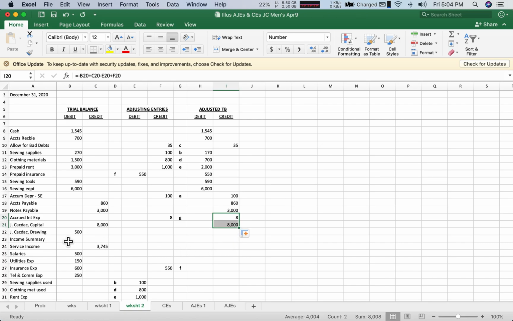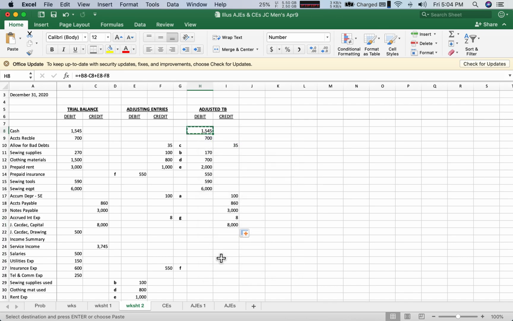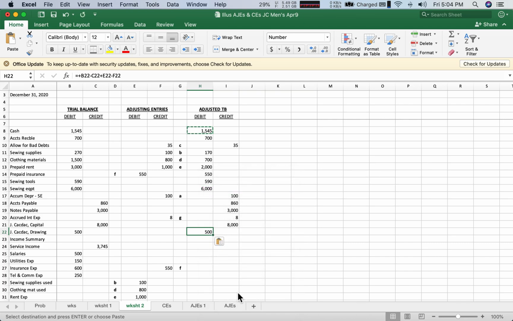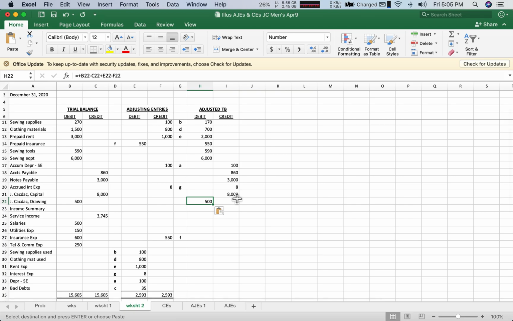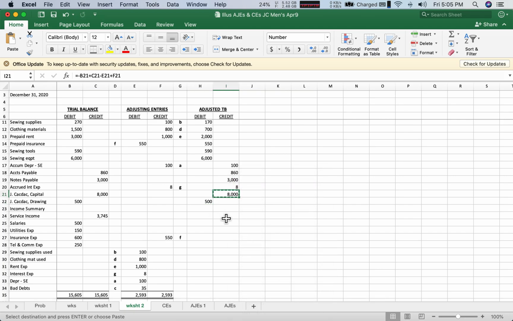This one is a debit balance, see, from the trial balance. So you can copy the formula. Copy. Paste. And then this is a credit balance. Copy. Paste.